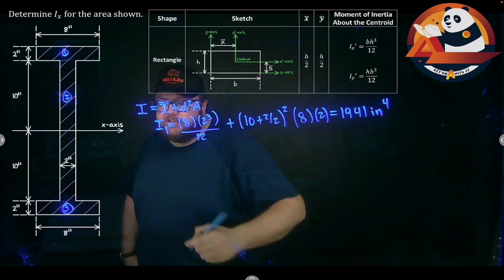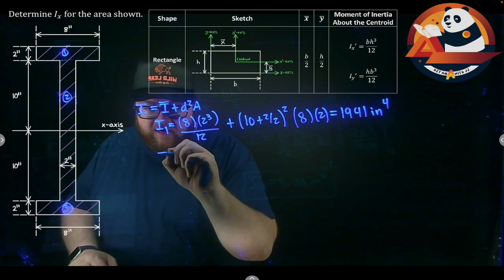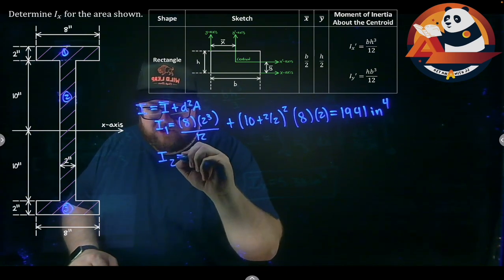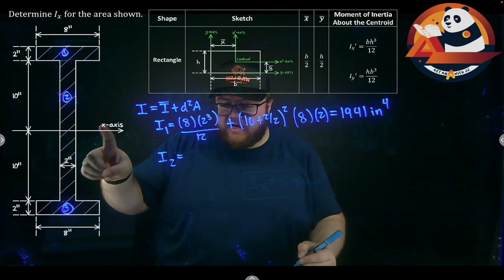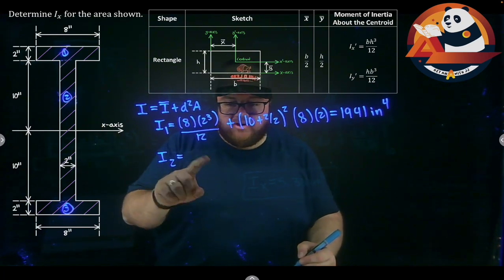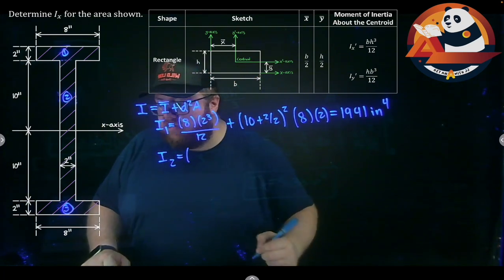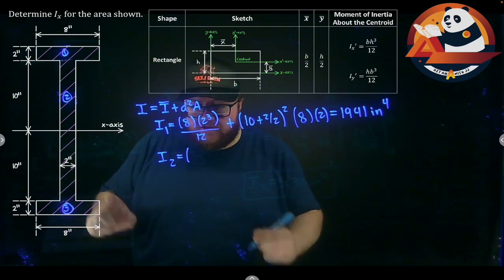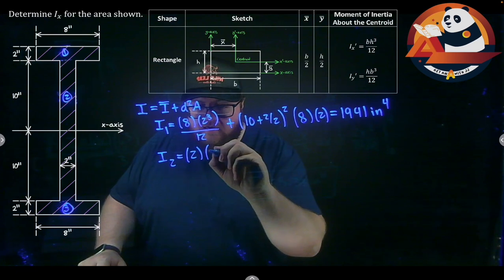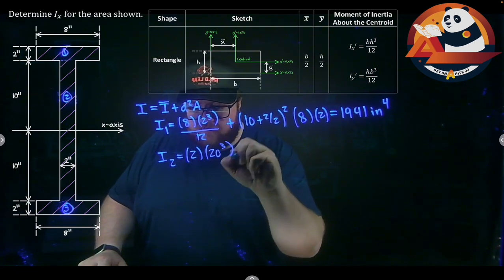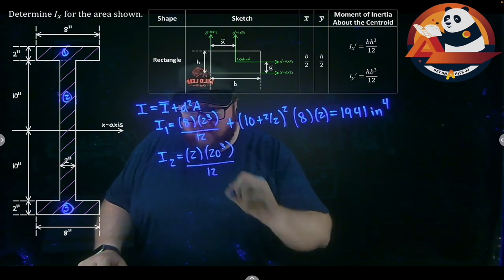We can repeat that for shape 2. I2 should be, well, we have base times height cubed. Our moment of inertia about any axis is moment of inertia about the centroid. Base times height cubed over 12. Our base is 2. The height here is 10 plus 10, 20. 2 times 20 cubed over 12.